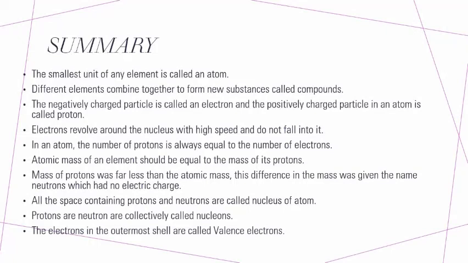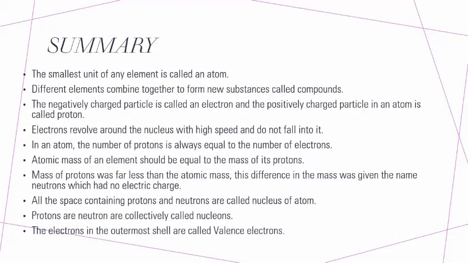We have seen John Dalton's theory, then J.J. Thomson's theory, the famous plum pudding model of an atom, like the example of a watermelon where the seeds are represented as the electrons.